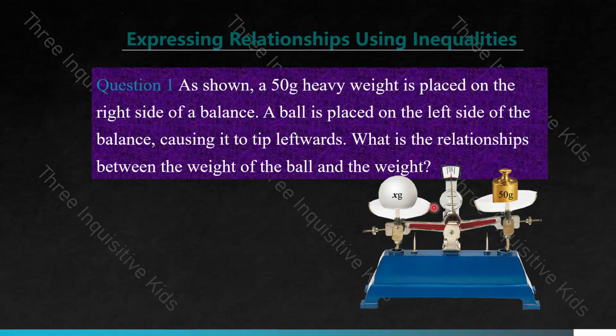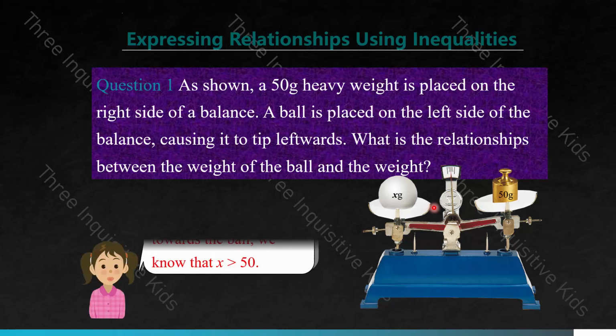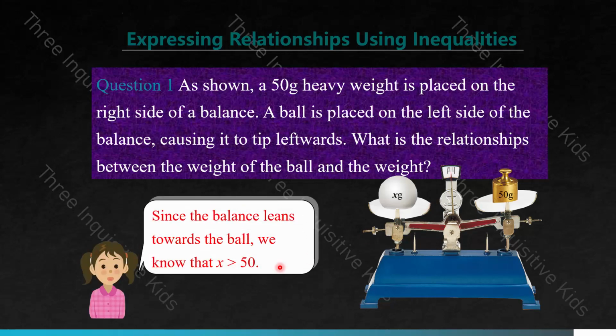Can you use the earlier example to help yourself answer this question? Well, we can answer in two ways. One using the greater than symbol, the other one using the less than symbol. So we can either say x is greater than 50, since the balance leans towards the ball, or we can say 50 is less than x.